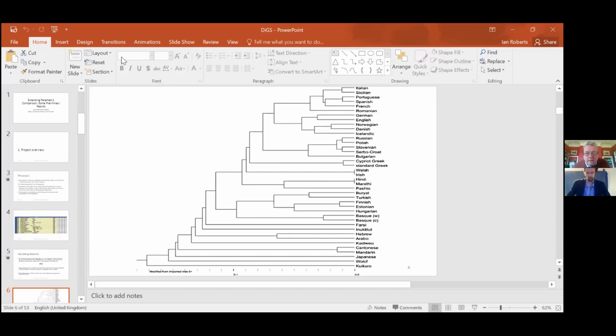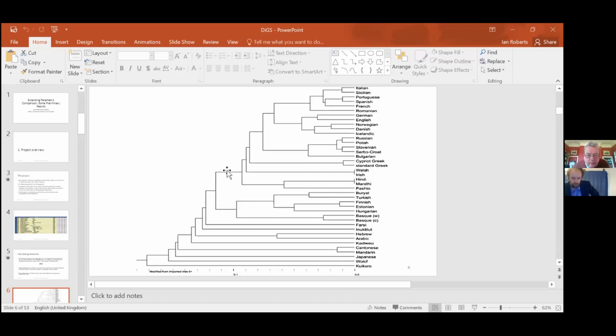And you can see that the tree, up to a point, with certain provisos, very closely reproduces trees that would be the result of the traditional methods of comparative reconstruction. Just a couple of points. This particular program always produces rooted trees. So the claim is not being made here that there's some distant relationship between Japanese and Italian, let's say, but simply that they have to all be in a single tree.